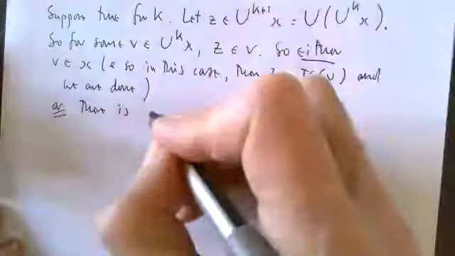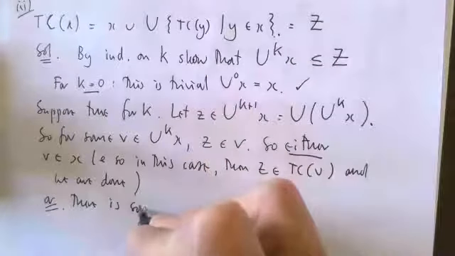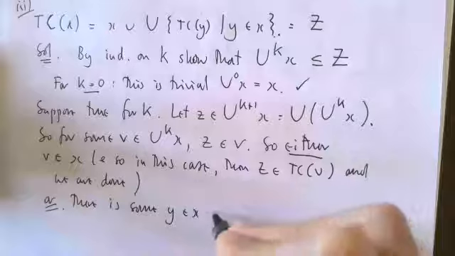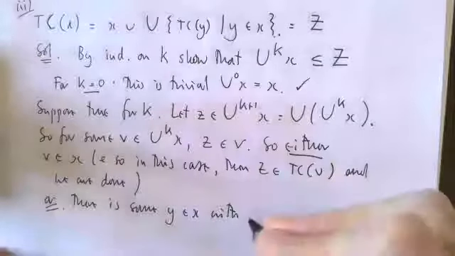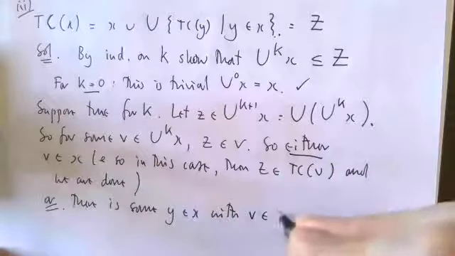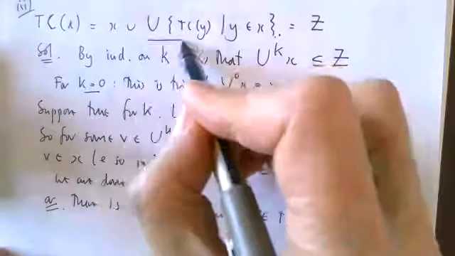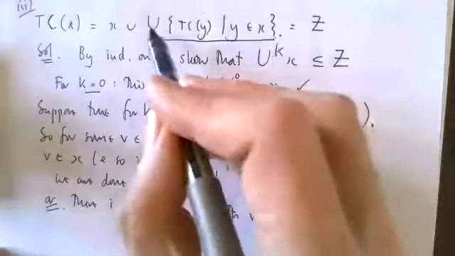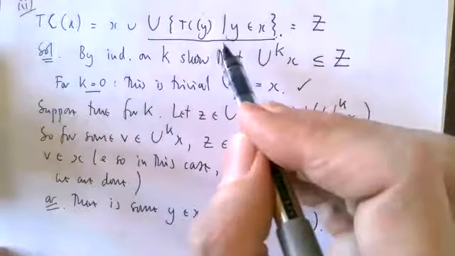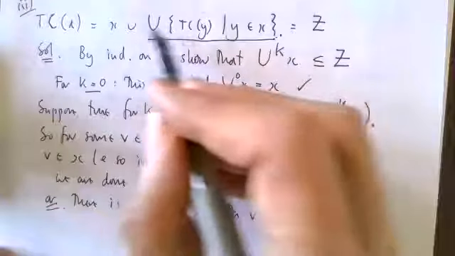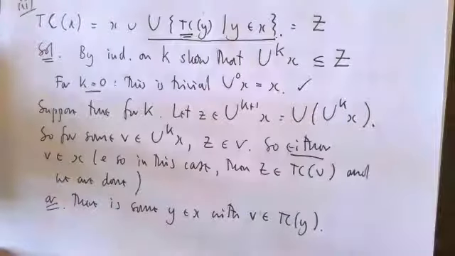Or there's some y in x, and with v a member of TCY. So I mean, if v is over here, in the big union, just keeping a cool head, it's a member of one of these members. So v is over here in this big union, it has to be in one of these. So v is in TCY.